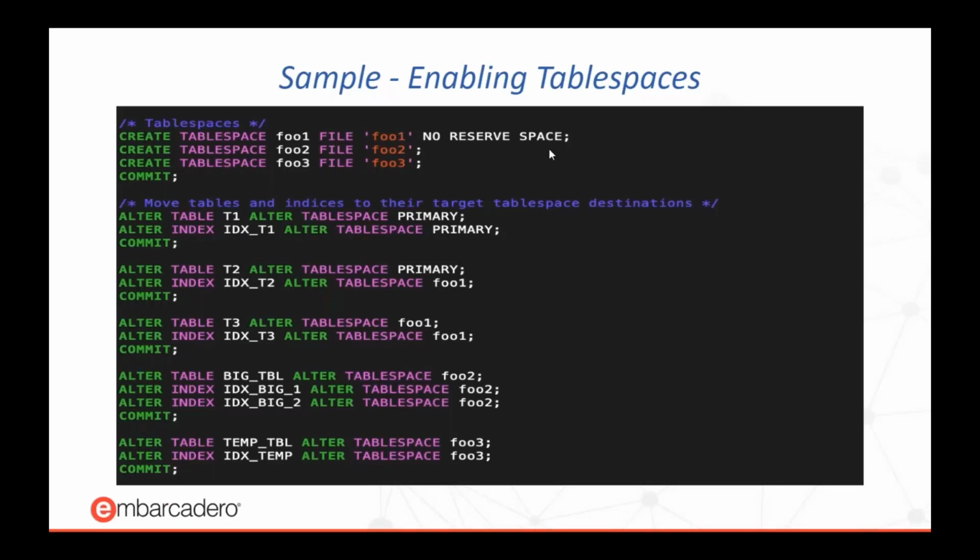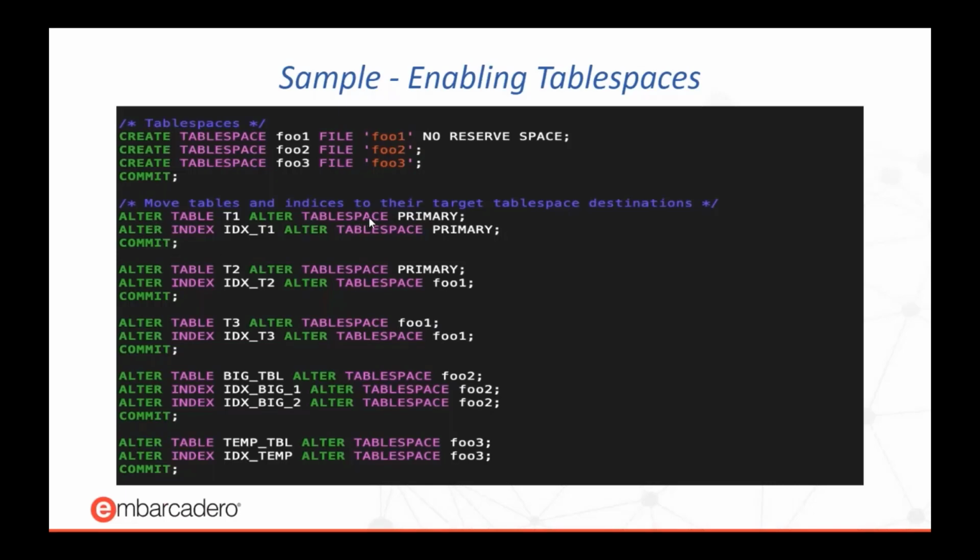You may have archive information which does not change a lot, or lookup tables which do not change a lot, where you don't really need to reserve any space for changed versions. So in that case, you may want to define the table space as a no reserve space table space. All the tables that are stored in there will get a no reserve space attribute.